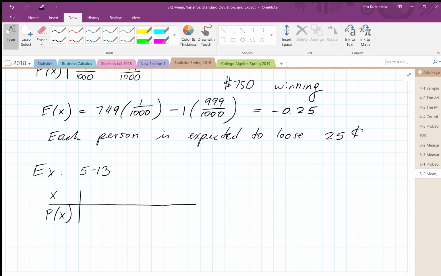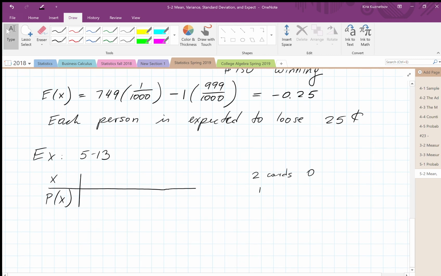So there's 2 cards numbered 0, 1 card numbered 2, 3 cards numbered 4, 2 cards numbered 8 and 2 cards numbered 9.